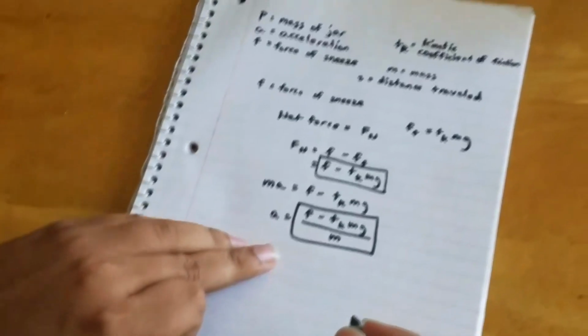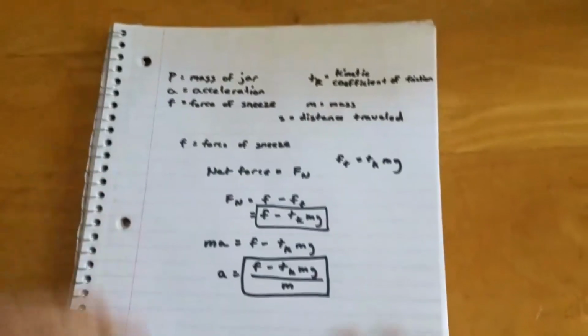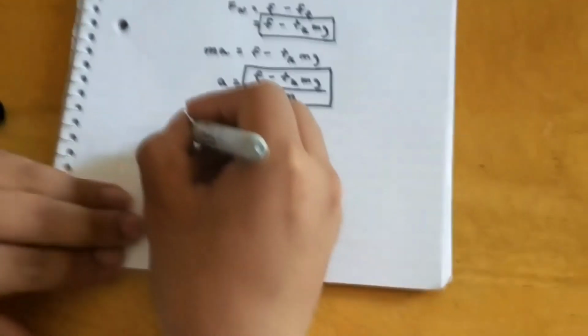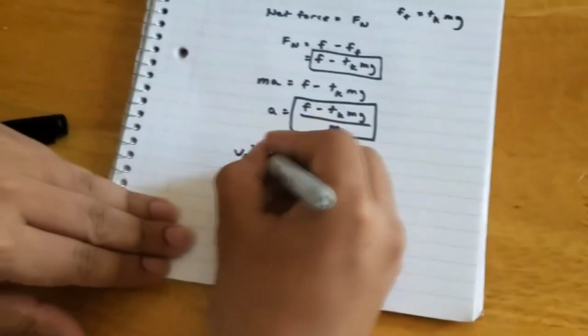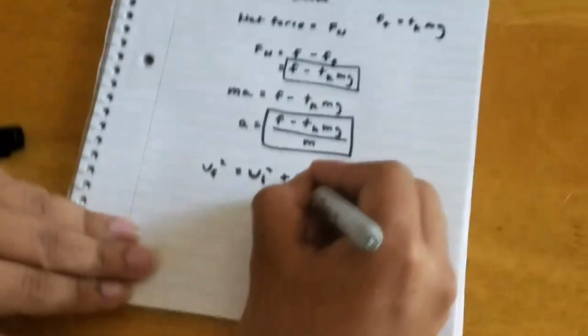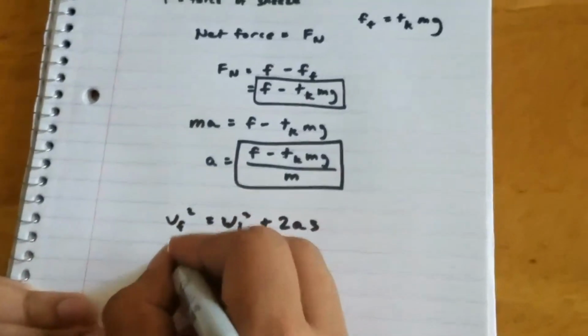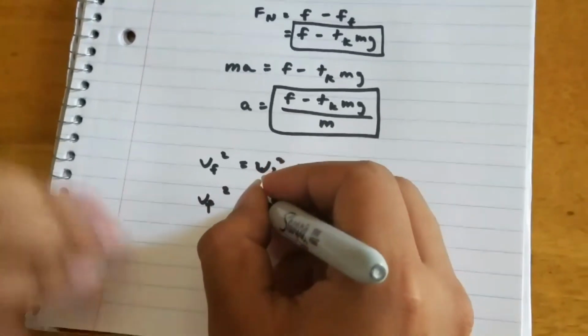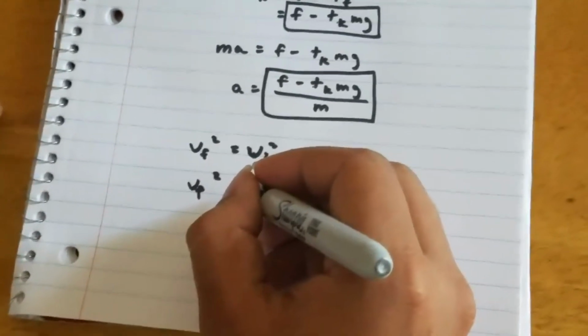After finding acceleration, you can now find the final velocity of the jar. To find the final velocity, you would take v final squared equals v initial squared plus 2as, s being the distance traveled, a being the acceleration. We don't know v final, but we do know v initial, which was 0 in this case.